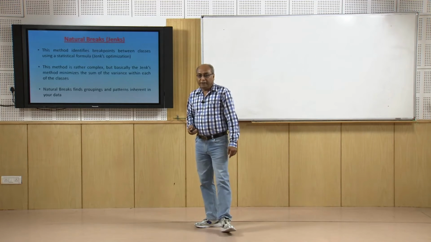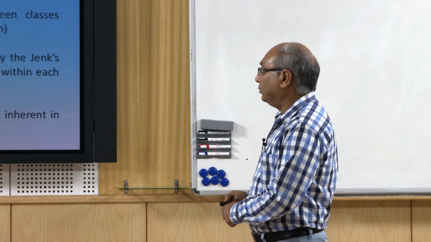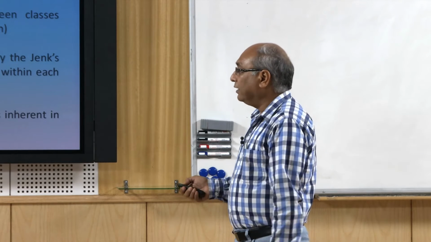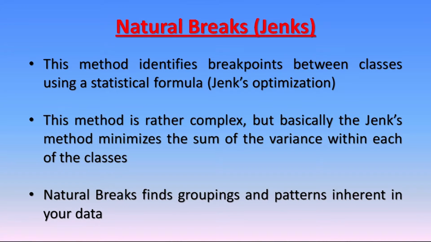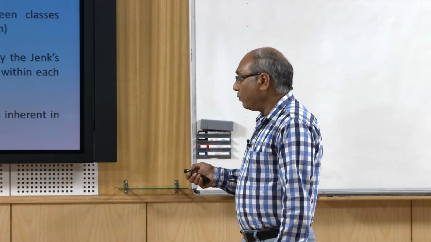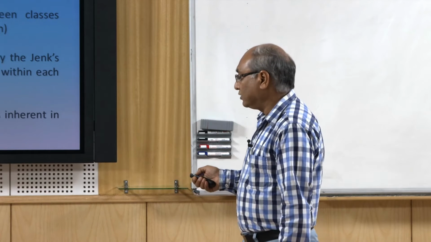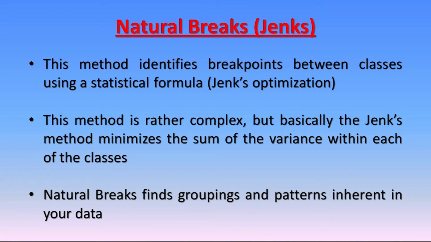The next one is natural breaks, which is based on the Jenks formula or Jenks optimization technique. This method identifies natural breaks between the classes using a statistical formula, and it is not as simple as equal interval. It is a little complex, but basically it uses the Jenks method of minimizing the sum of variance within each of the classes.